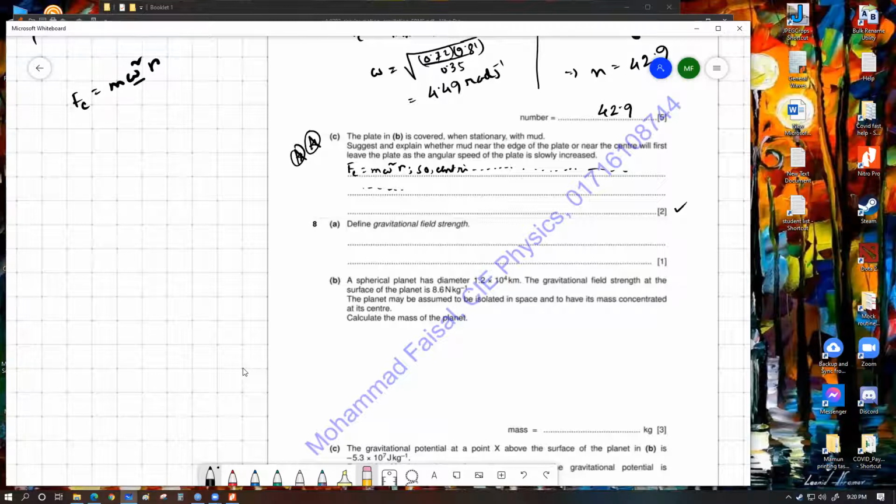Yeah, that sounds like a good wording. I'll say it again. You don't have to write this. Just try to understand what I'm saying. F equals m omega square r. So centripetal force is biggest at the border. Full stop. So mud at the border will fly off first because frictional force will be surpassed earlier for the mud at the border.